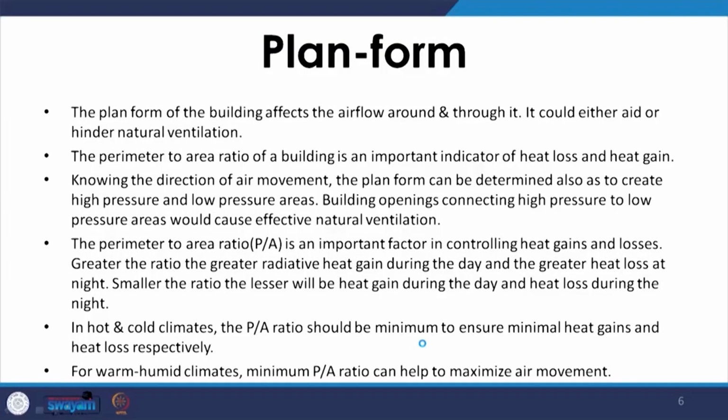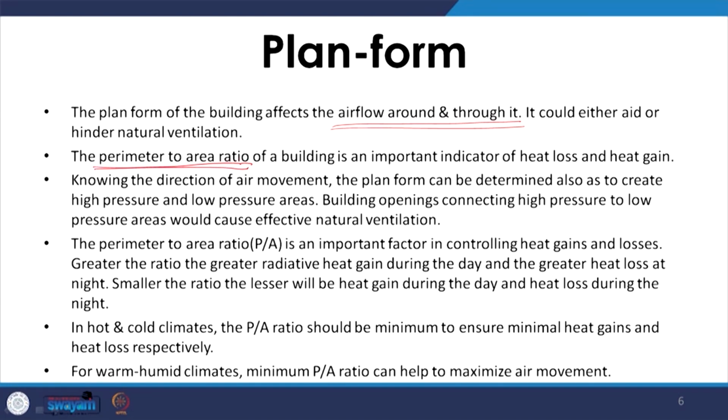Now, we are talking about the plan form. When we talk about various arrangements for plan form, we are talking with respect to certain parameters. One, the airflow around the building plan and through it. The second, the perimeter to area ratio.